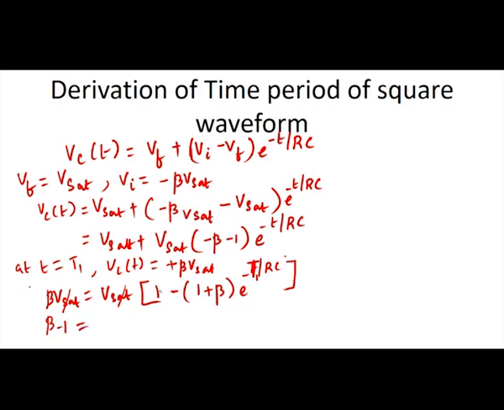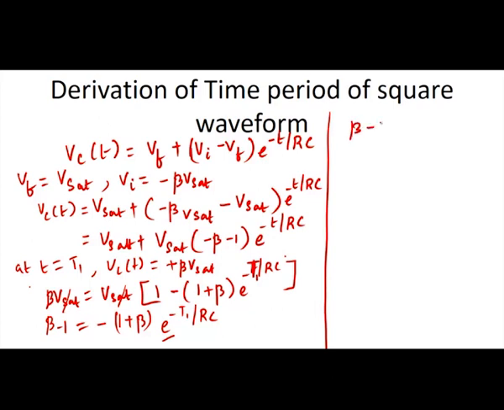Beta minus 1, if you take this 1 to the left hand side, it is beta minus 1 equals the other minus here, 1 plus beta e power minus T1 by RC. If you want to cancel out the exponential term, take natural logarithm.